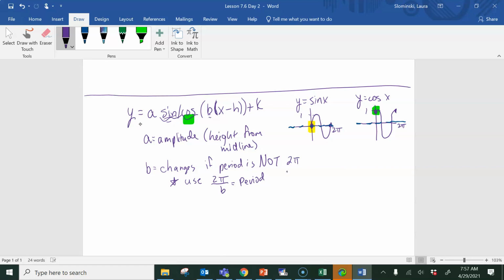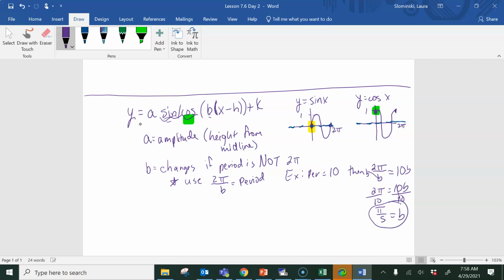For example, if I have a graph where the period is actually 10, then I would take 2 pi over b, set it equal to the period of 10, and solve for b. I would multiply both sides by b. I get 2 pi equals 10b, and then I would divide by 10. I would always simplify. 2 over 10 is the same as pi over 5 equals b.